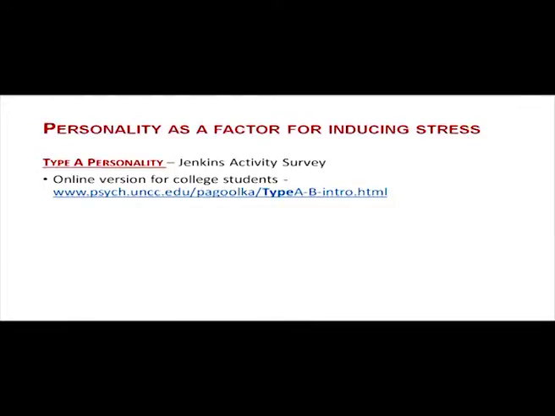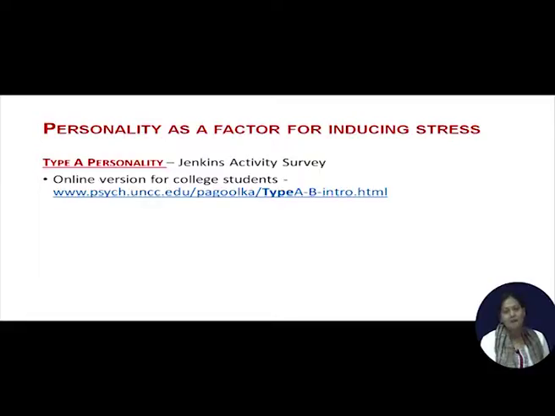Here we are talking about one more important factor that we have already discussed that has an important role to play in stress: the personality disposition of type A personality. So, we are going to see the Jenkins Activity Survey that tells us whether an individual is more of type A or type B personality.